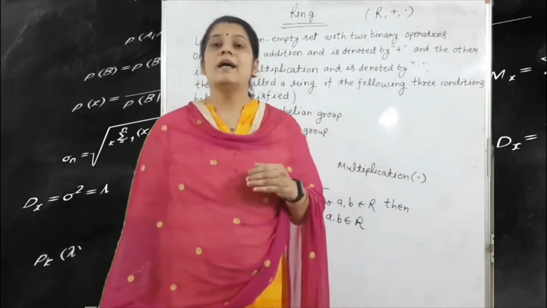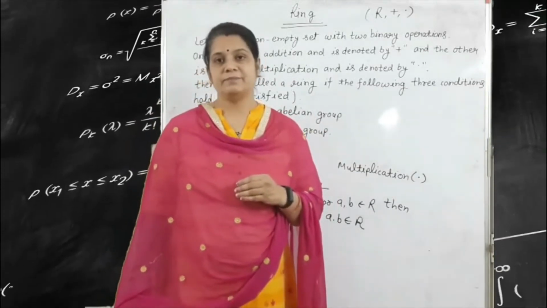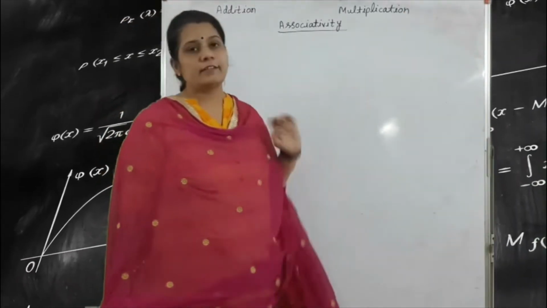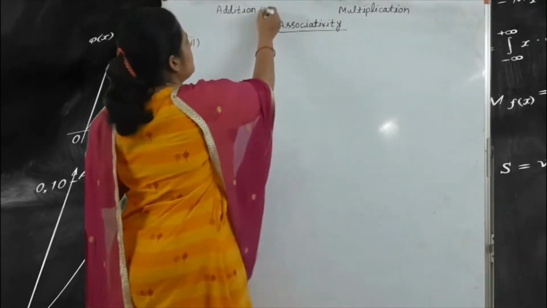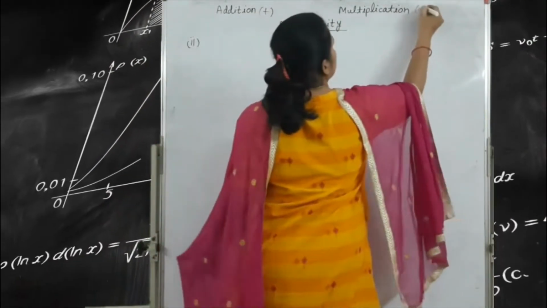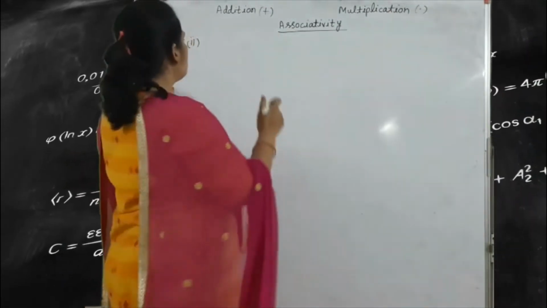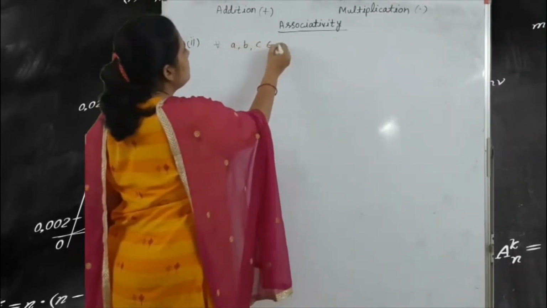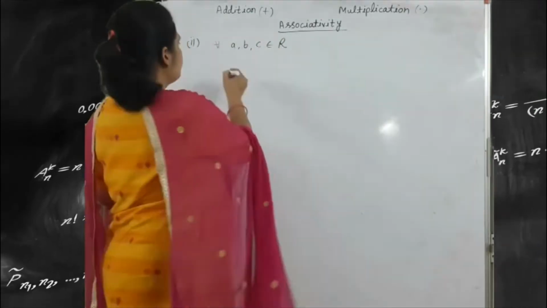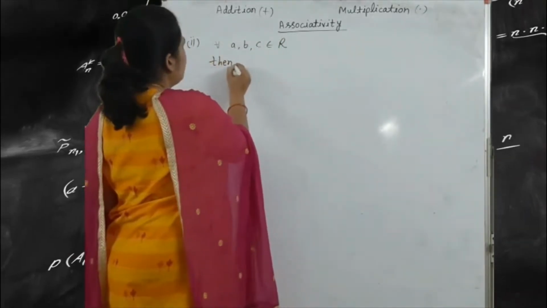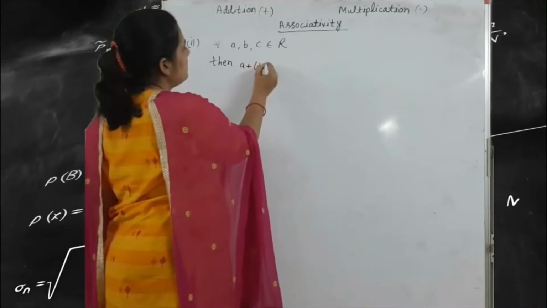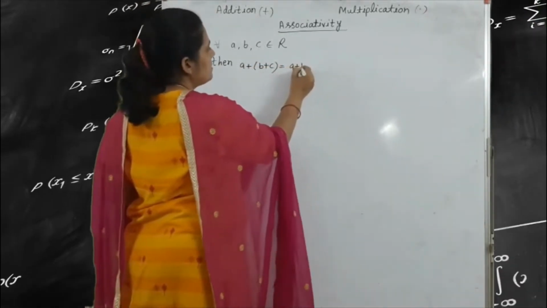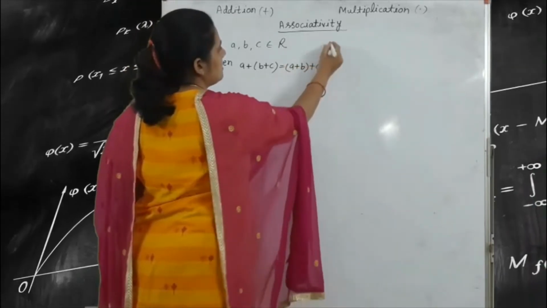Second one is the associative property. Here we write the addition and here we write the multiplication. For a, b, c belongs to R, then (a plus b) plus c is equal to a plus (b plus c).